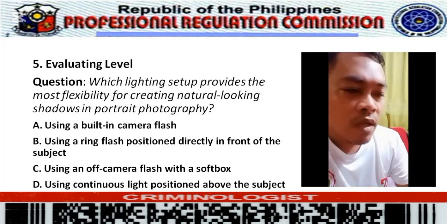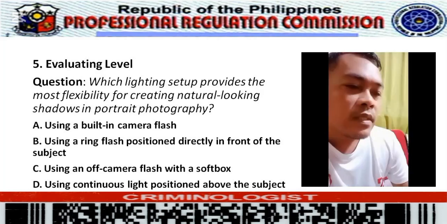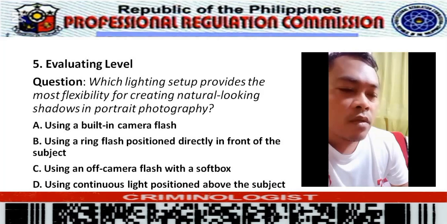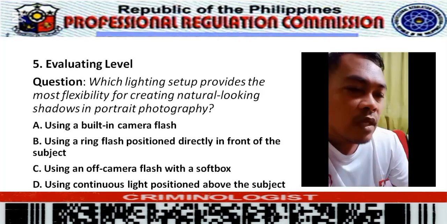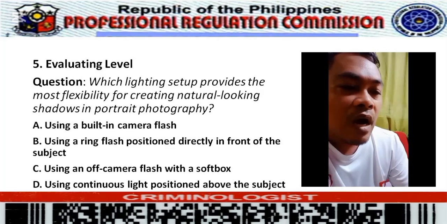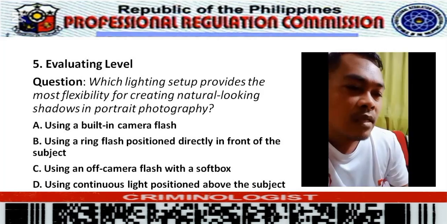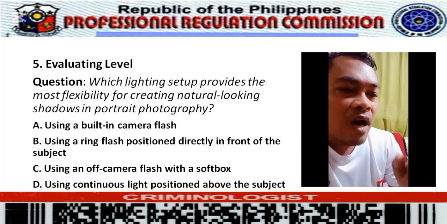And then option letter A is incorrect, using a built-in camera flash, because it produces harsh, flat lighting, often with harsh shadows, that will happen when you use a built-in camera flash.